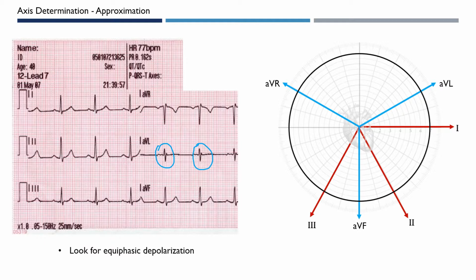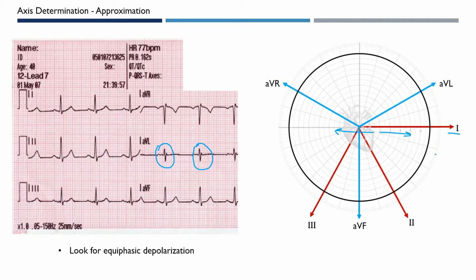This is because electrical activity is detected when it's moving along the path of one of the leads. So for example, if we look at our radial diagram to the right, and if we imagine lead 1 for a moment. On lead 1, if there's any electrical activity moving towards or away from the lead, it will be detected on the EKG.